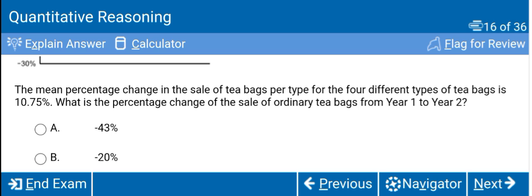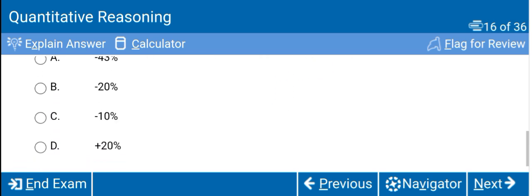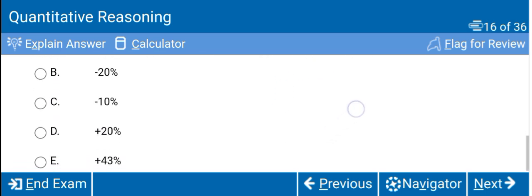Option A, minus 43%. Option B, minus 20%. Option C, minus 10%. Option D, plus 20%. Option E, plus 43%.